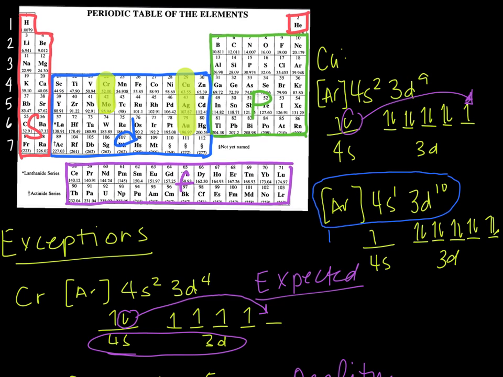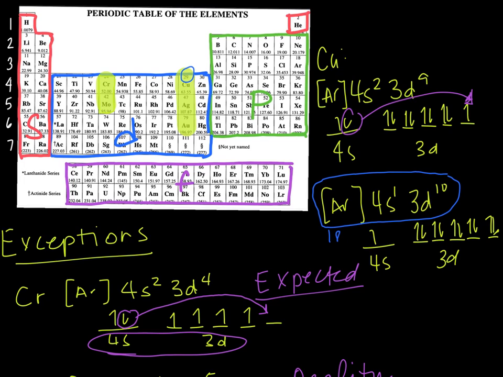Argon has 18, plus 1 is 19, plus 10 is 29, and so you find number 29 on the periodic table, and that would tell you that it was copper. And I think that's pretty much it. If you have any questions, please ask, and keep trying. It will all eventually make sense one day. Good luck.